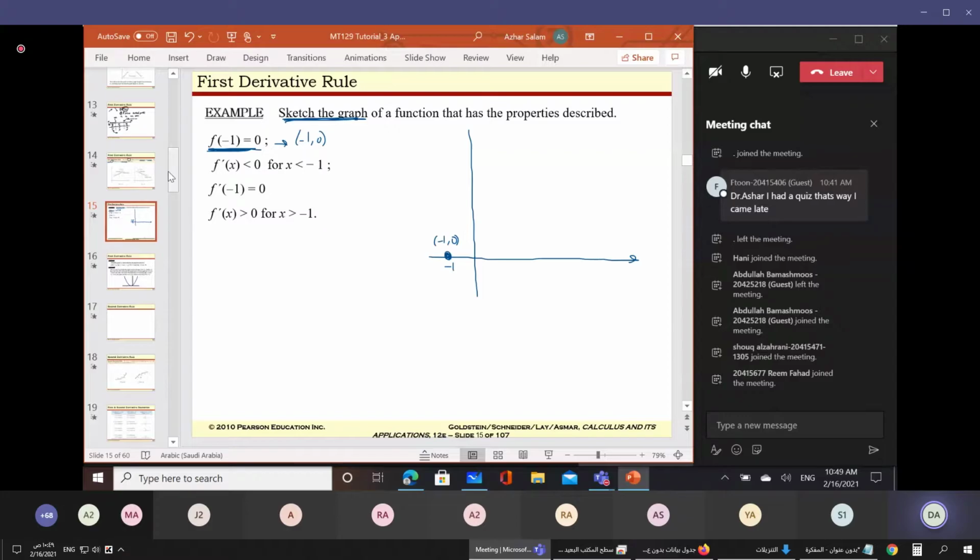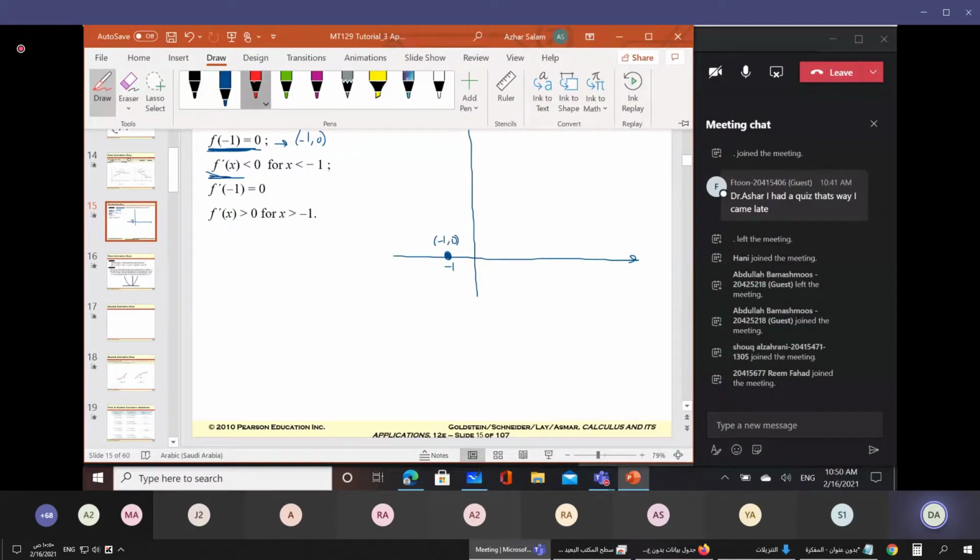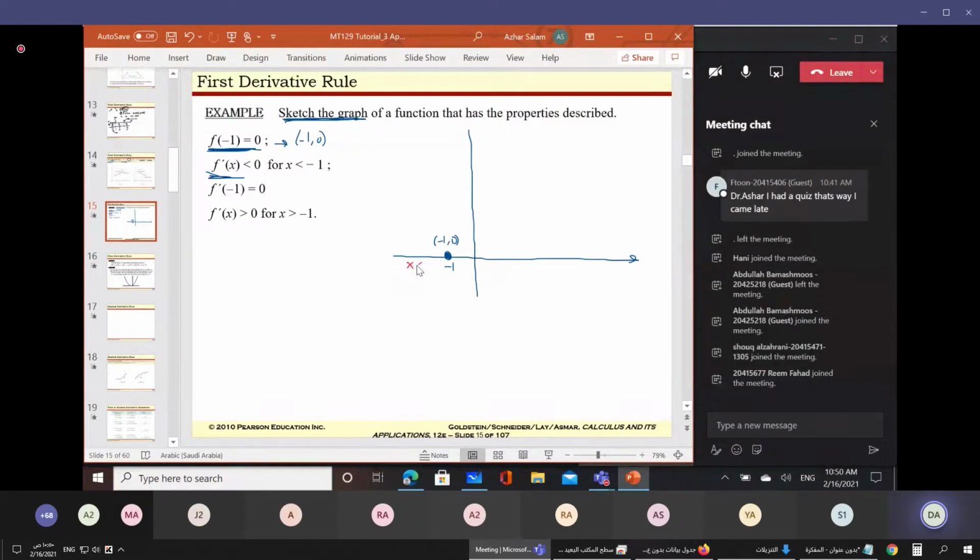Okay, this is the point. Now I have here properties for f dash. I have a sign less than 0 for x less than -1. So this is x = -1. For the values here, x is less than -1. For x less than -1, I have that the derivative is negative.